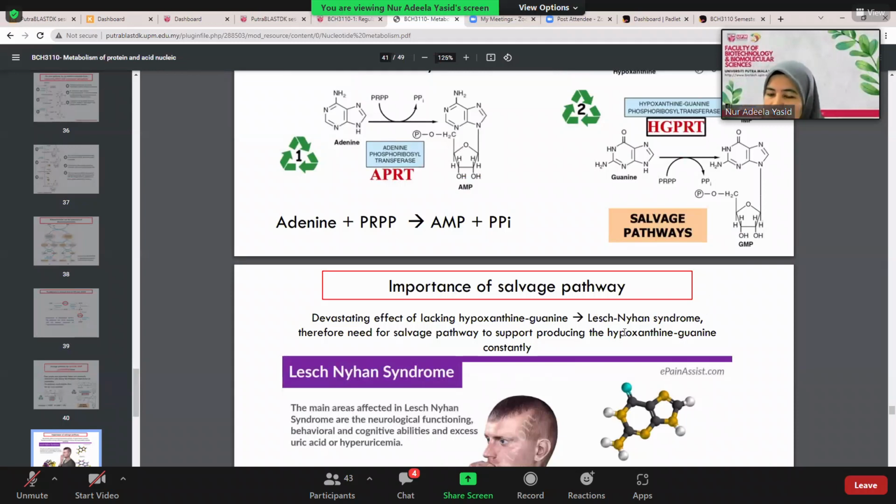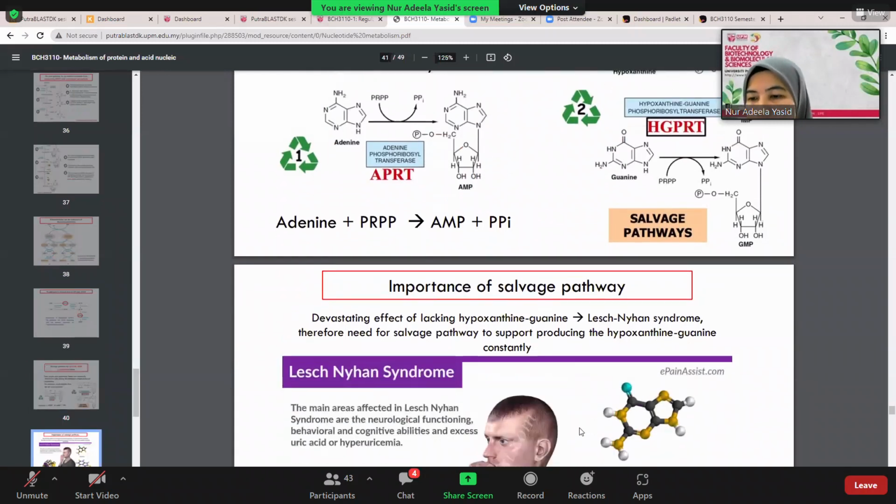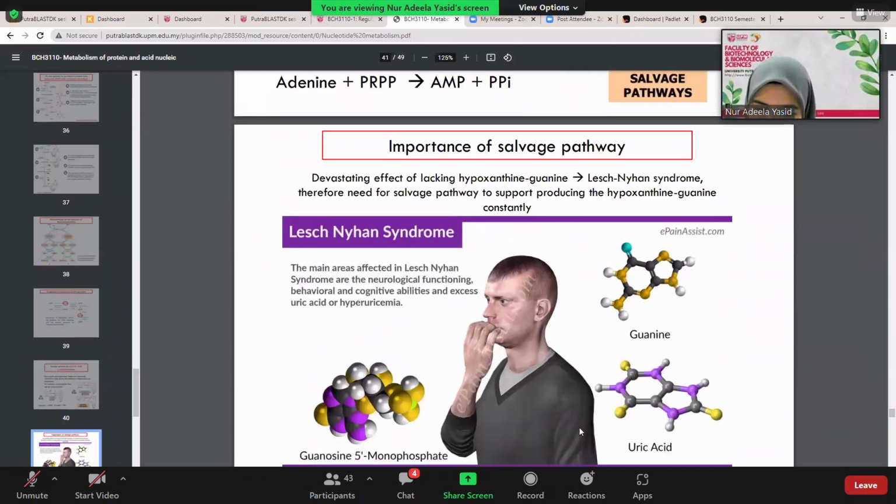So this salvage pathway helps to support producing the hypoxanthine guanine constantly. So it's a very important pathway juga, walaupun dia salvage je, but it is a very important pathway.